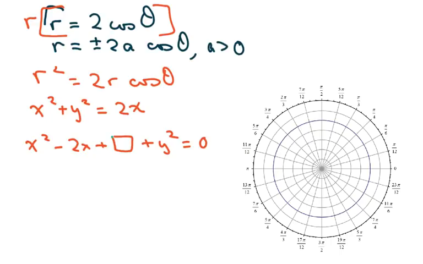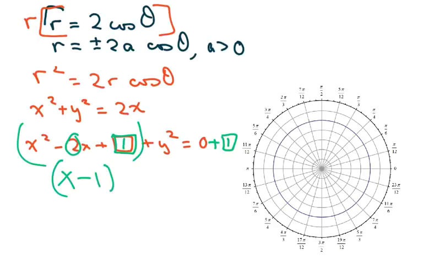I'm adding this extra piece here, so I'm going to add it on this side as well. So half of 2 is 1. Square it, and you get 1. So we're plugging in 1. So we've got a perfect square trinomial, which is x minus 1 squared plus y squared equals 1. So basically, my center is 1, 0, and my r equals 1.